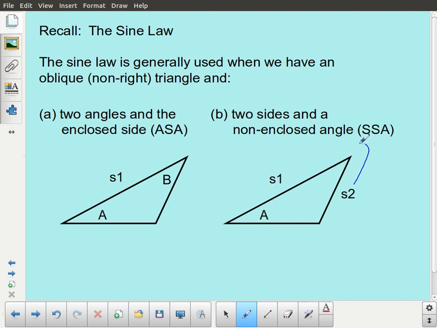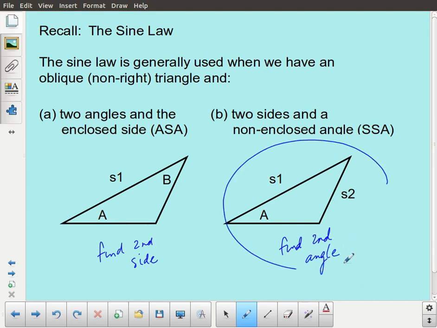Now, this one is trying to find a second side, whereas this one is trying to find a second angle.